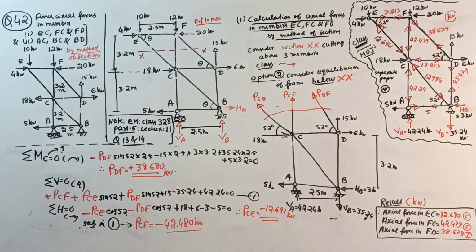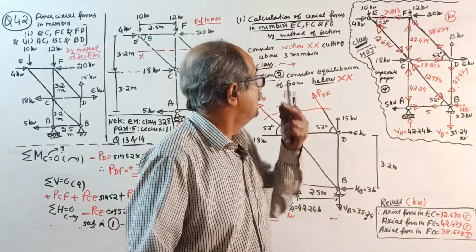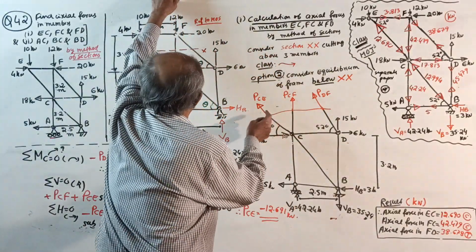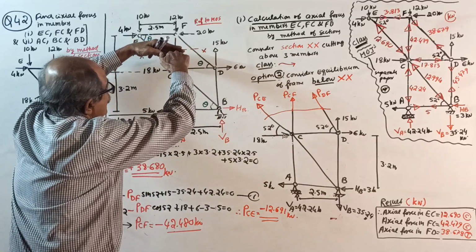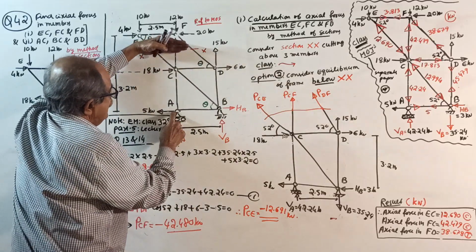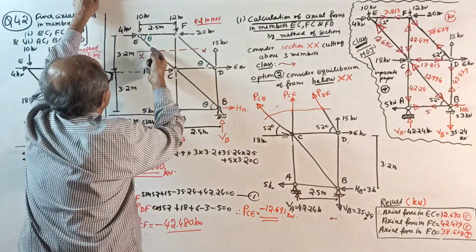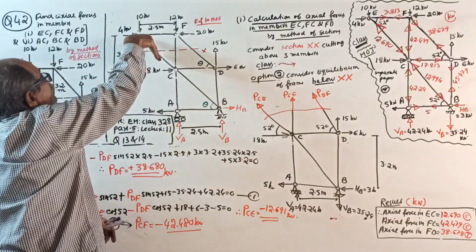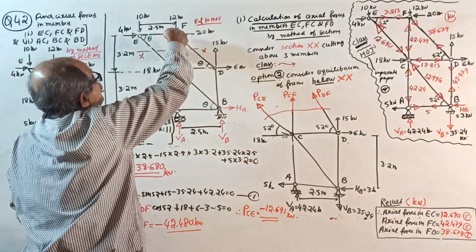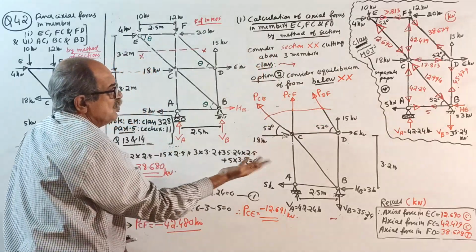Okay. Now, continue. I told, consider equilibrium of the lower side. See, A, B, C, D intact. Force here, CE, CF and DF. This is all known to you.